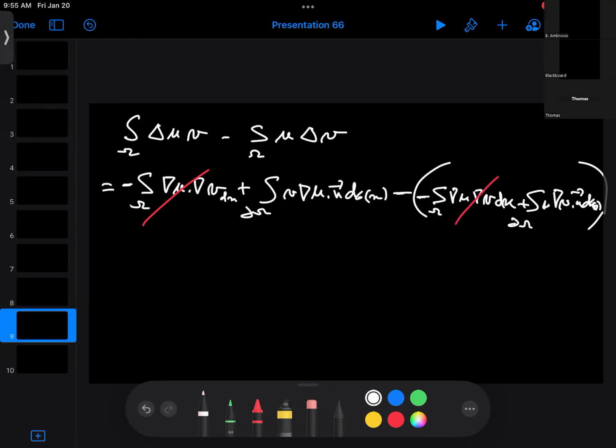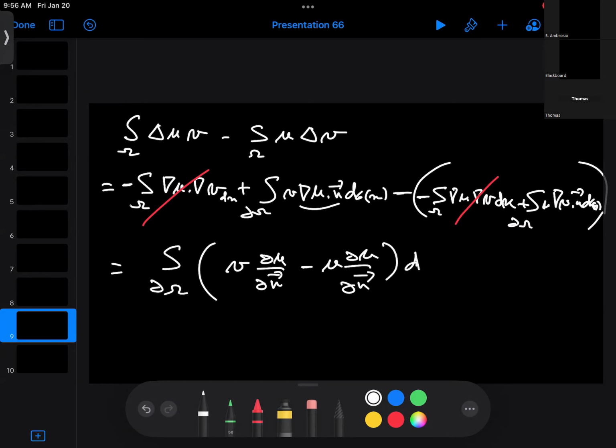And so finally, I get that this is equal to the integral over the boundary of v times the normal derivative of u, minus u times the normal derivative of v, dσ(x). We often write it this way, and sometimes we also use mu.